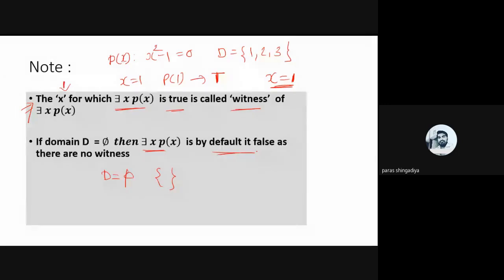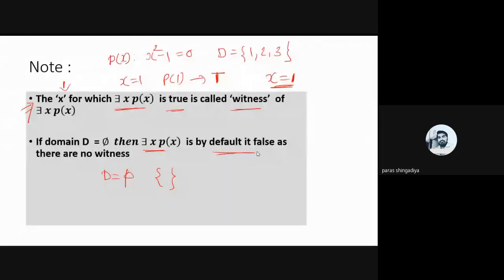By default you consider the false value because there is no such witness, meaning we cannot find a value of x where P(x) becomes true because it is an empty set, there is no value in the domain. So by default it is considered false. Okay, so this is the definition of the existential quantifier.